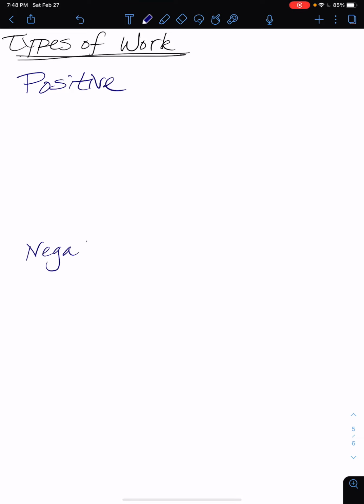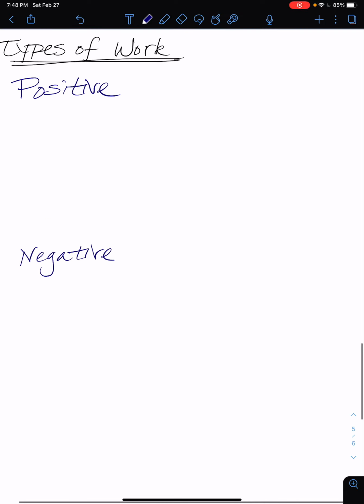That's all right. Types of work. We said there are 3 types. We said there's positive work, negative work, and 0. Actually, I'm going to write these all next to each other because I think you'll like it better when you can see them side by side.